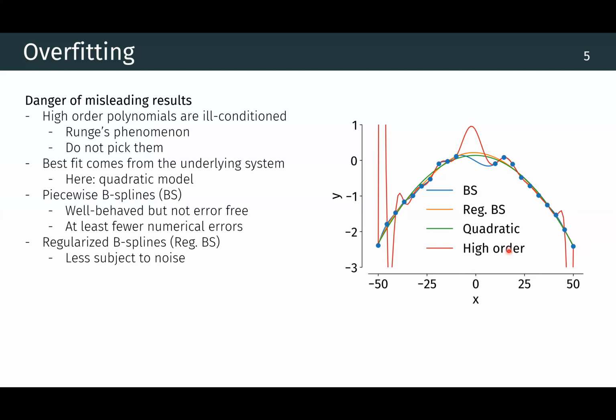So for example, what you see here, in order to complete the discussion of the picture, we have some quadratic fit, which is just one quadratic fit to all these data points, that's the green line, or we can have a regularized B-spline, where we use the smoothing factor that I've shown on the previous slide in order to get this to a more effective shape, which also makes sense depending on what the problem is you're looking at.